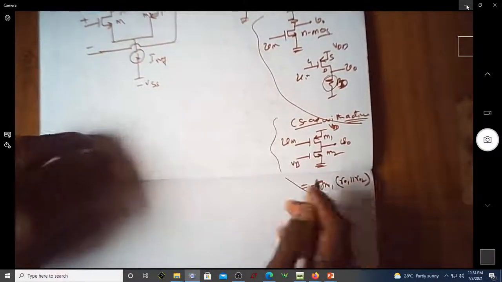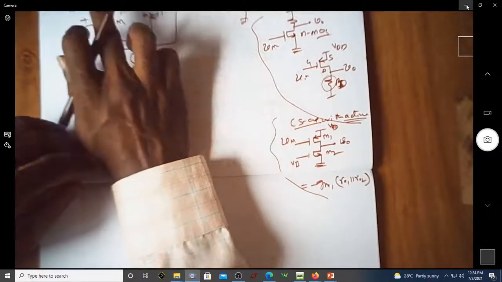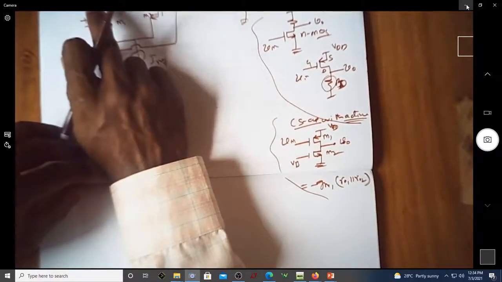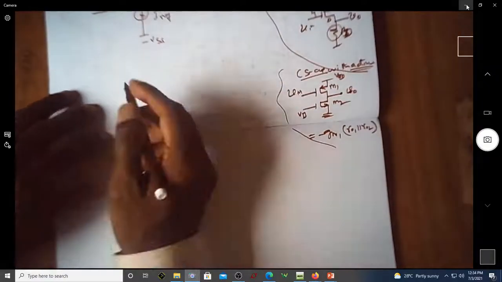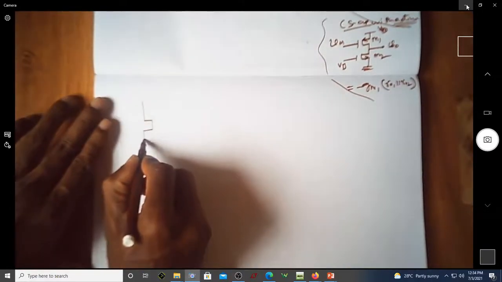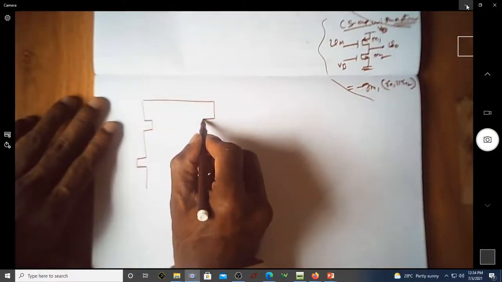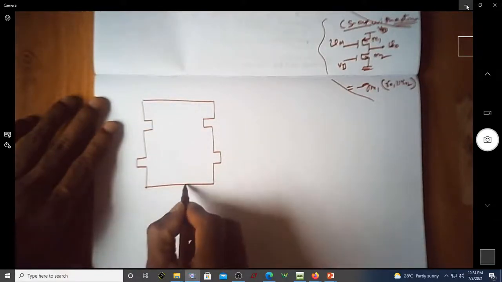Keeping this in mind, let us try to develop a two-stage operational amplifier with an active load differential amplifier and an active load CS amplifier. So let us try to do it now.